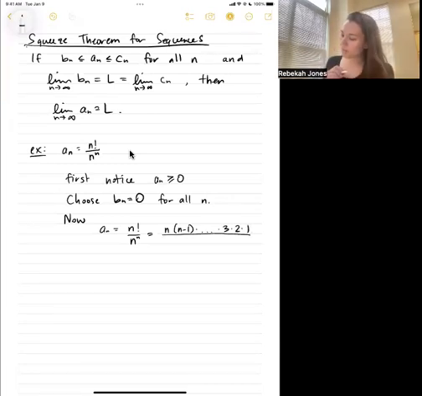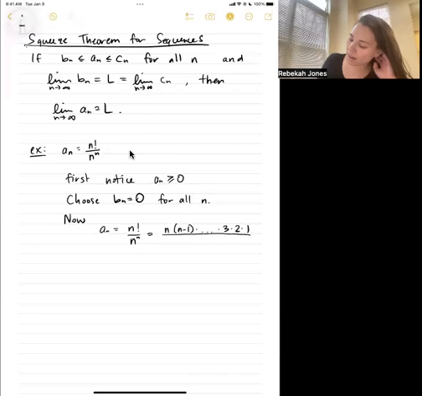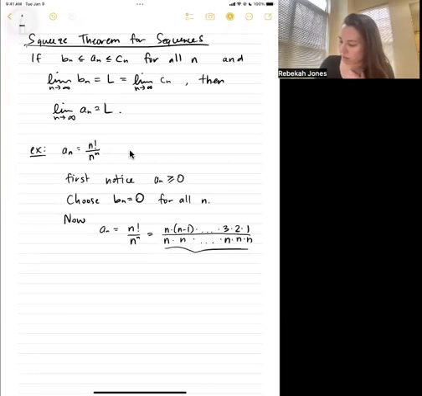And in the denominator, I have n to the power n. That means I'm going to take n and multiply it by itself n times. So notice that we've got n things in the numerator when we write it out as a product. For each of those, I can pair it up with an n in the denominator, because we're going to have n copies of n here. So we just distribute them out like that.